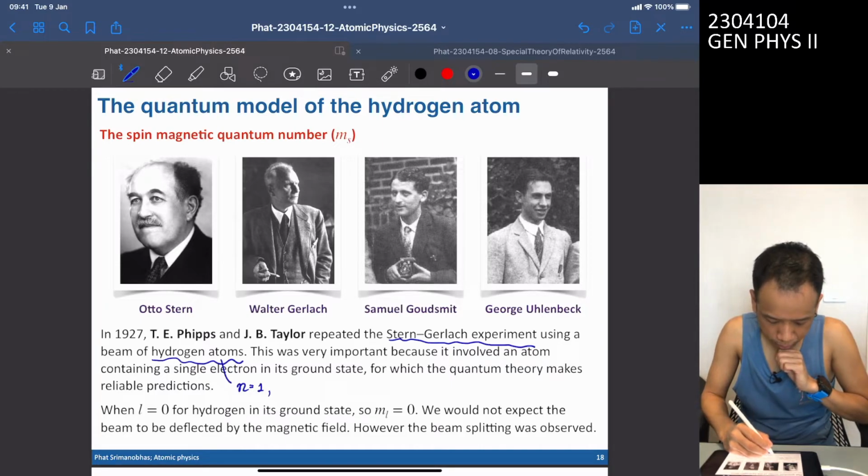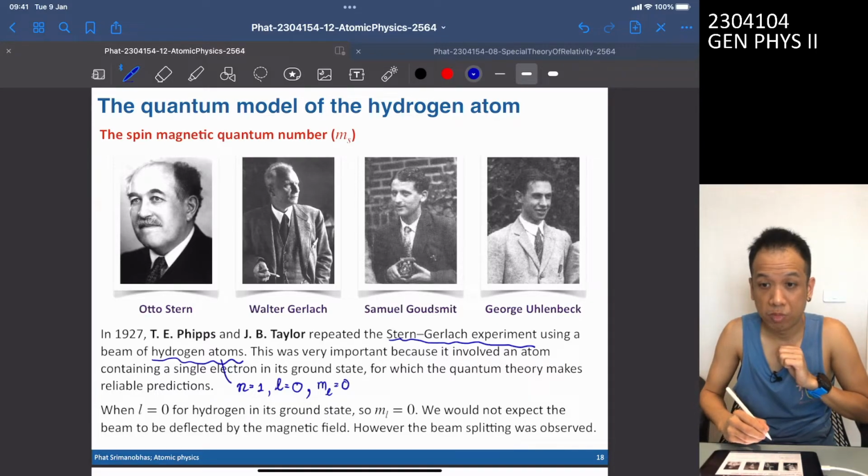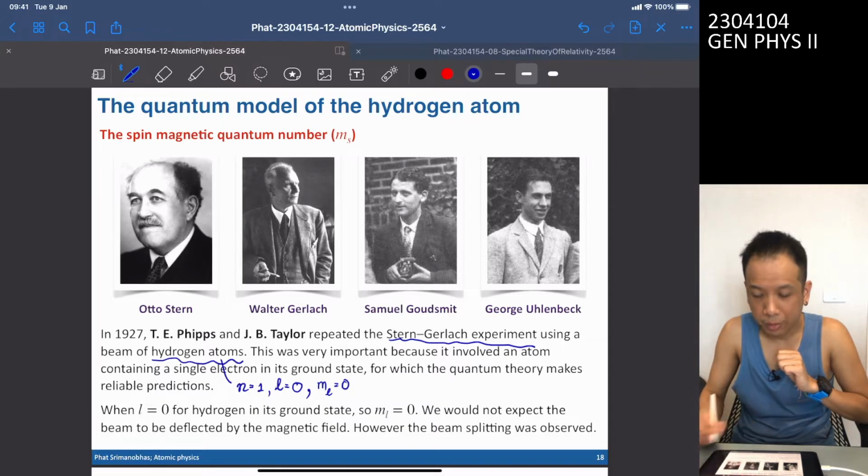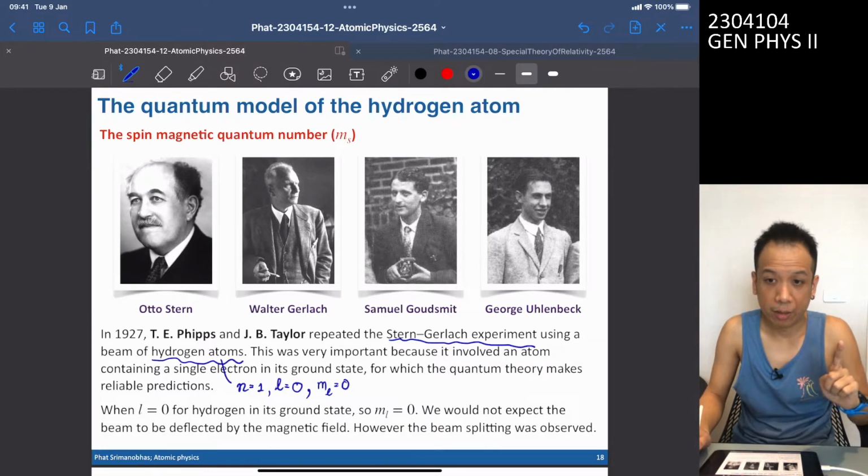the orbital angular momentum is 0, right? And the orbital magnetic quantum number is also 0. So this is controlled by the quantum model of the atoms. It should have only one state. So when you see the spectrum, it should show only one wavelength.